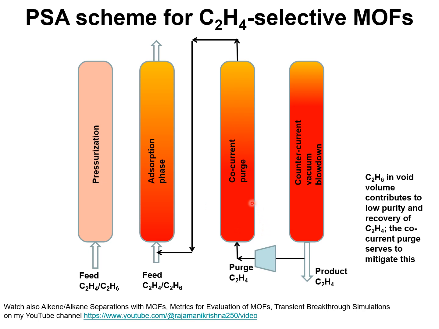The co-current purge phase is followed by the final 4th step that consists of countercurrent vacuum blowdown.